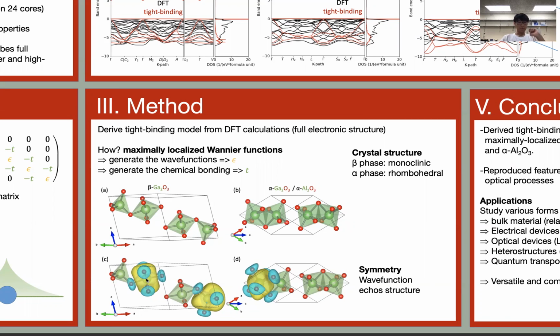So if you look at this one, the Wannier function is centering at the green atom, which is gallium, and there are also some minor lobes centering at the red atoms, which are oxygen. So in short, the Wannier wave function will echo the local chemical symmetry.